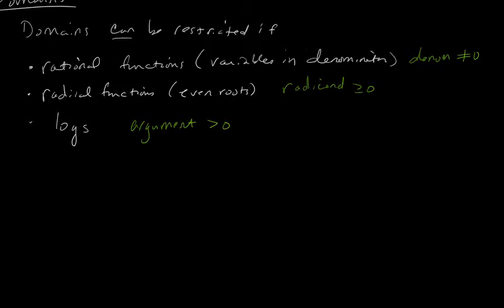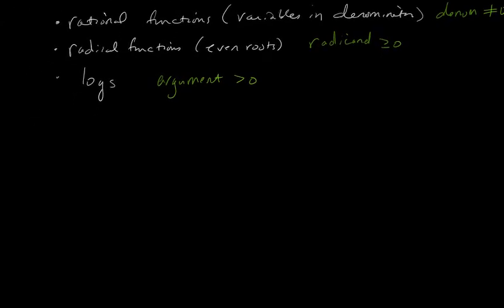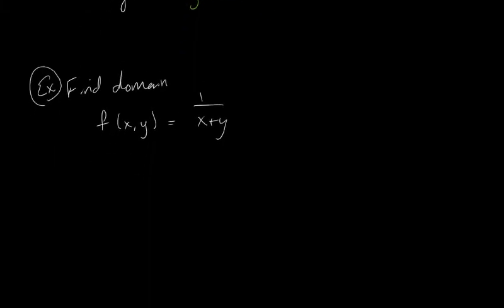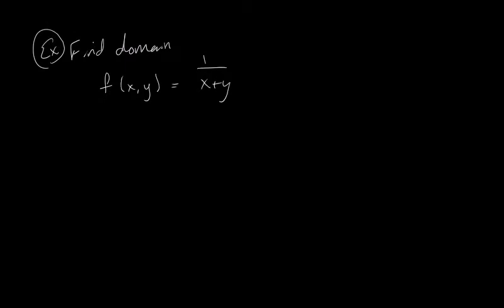All right, so let's do an example where we have to find the domain of a function. We have f of x, y is equal to 1 over x plus y. This is a rational function. We have variables in the denominator, so we're going to set that denominator equal to 0 and exclude those values from our domain. So we cannot have x plus y equal to 0.